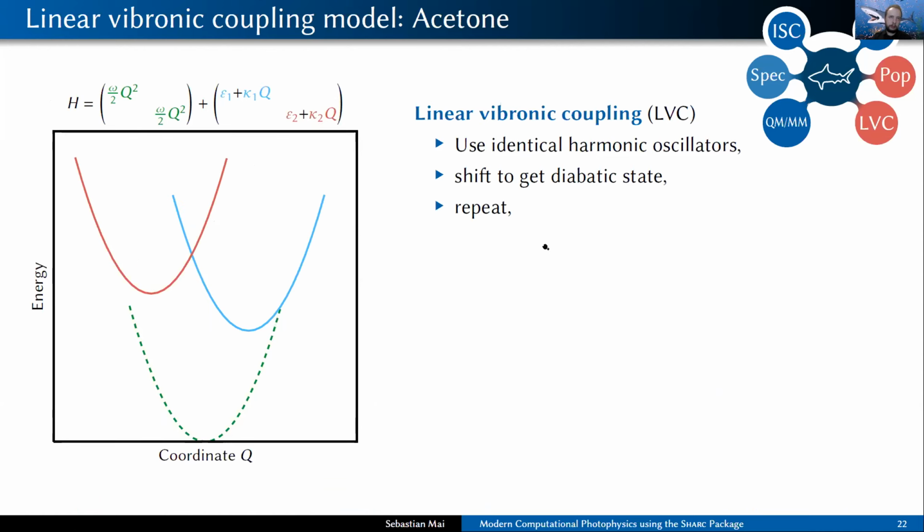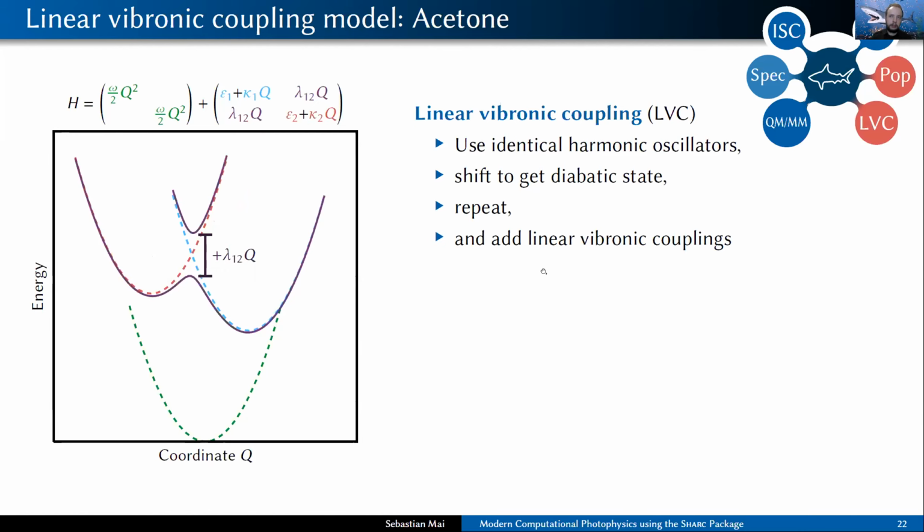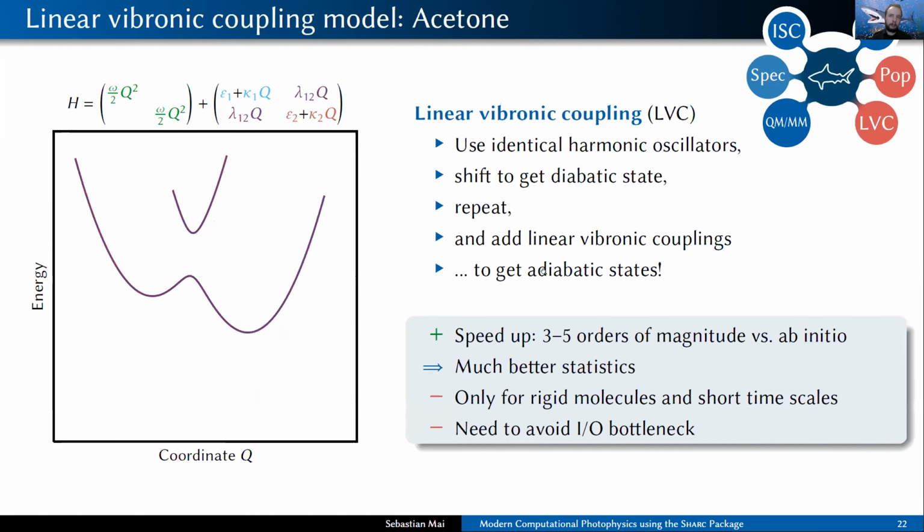And after we do this, we have these prototypical diabatic states that we can then couple through linear vibronic couplings, which allow us to get adiabatic states, which are the states that we can use for doing the dynamics.